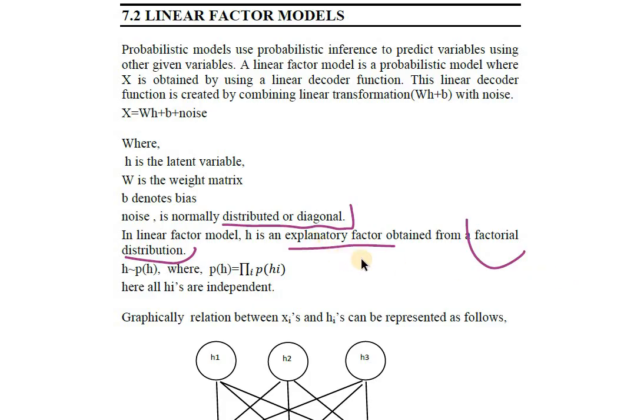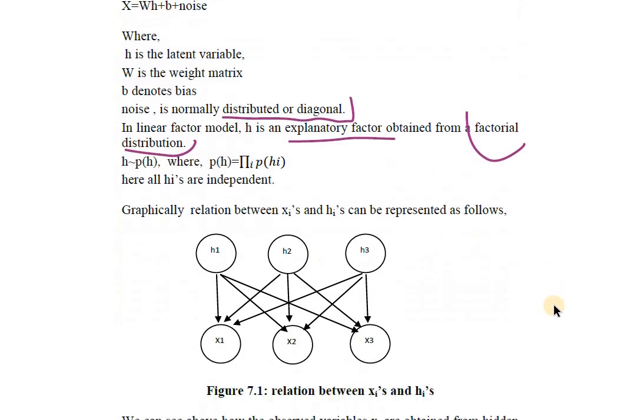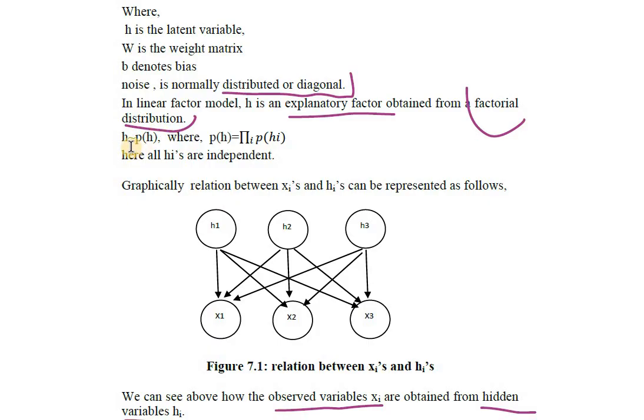Okay, so in linear factor model, H is also called as an explanatory factor which is obtained from some factorial distribution. Okay, you can see the formula over here. H is approximately equal to P of H, where P of H is calculated using this formula. You can see the bigger pi sign over there. It typically indicates multiplication of all the terms.